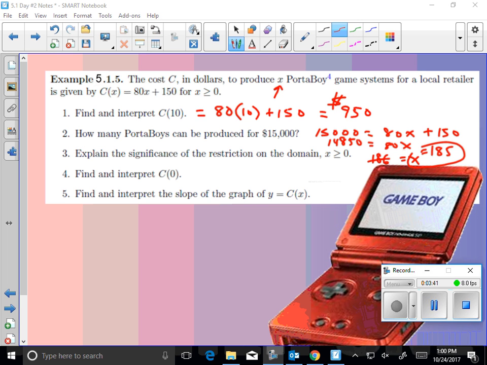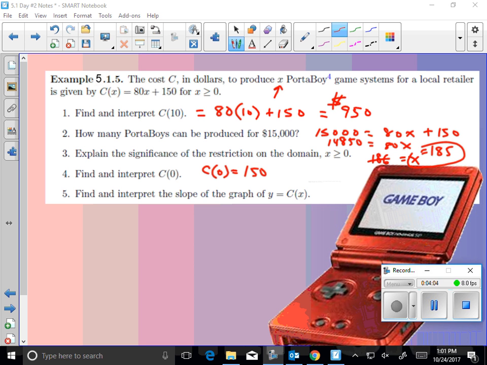How would we interpret C of 0? Because C of 0 does exist. C of 0 is 150. The company that is producing these for me says, oh, you signed the contract? Give me 150 bucks. Now we'll start charging you $80 per unit you want produced. Oh, thank you very much. I'll take that 150.